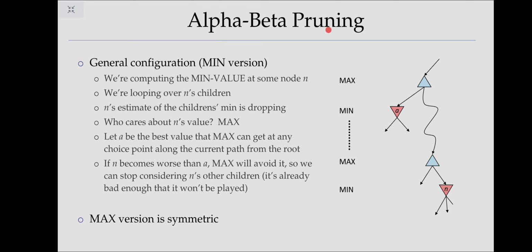Because of that, we need to estimate the output of n's children and take the minimization over them to find the best decision for the min player.